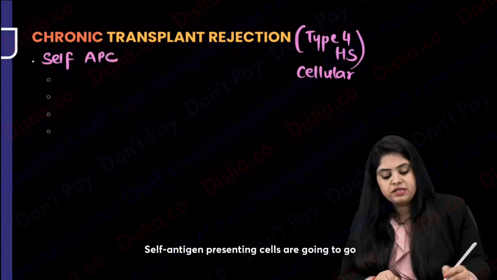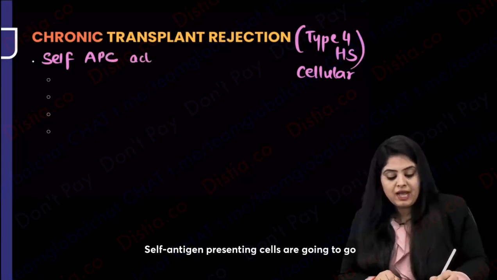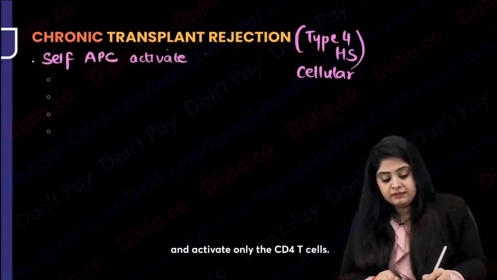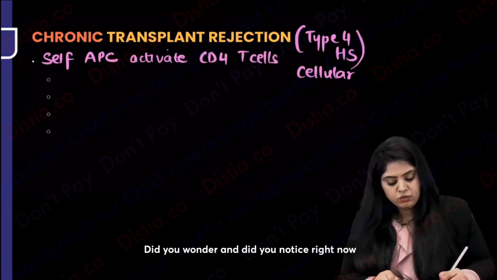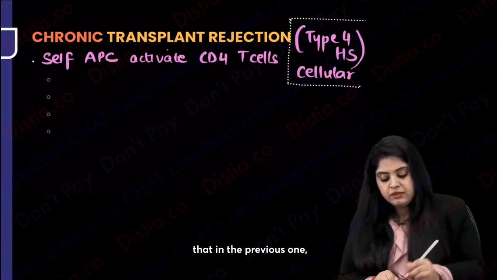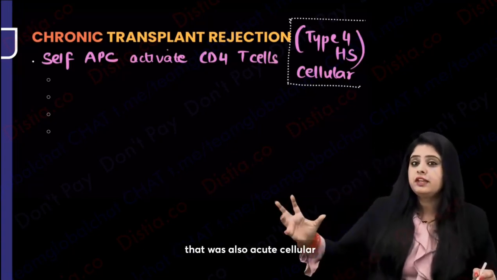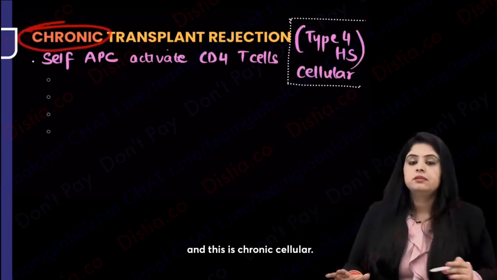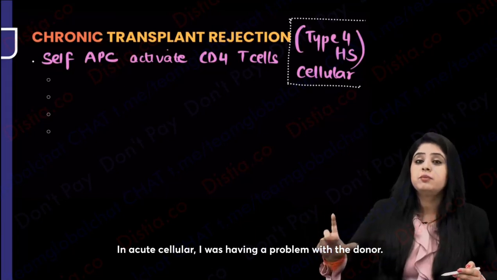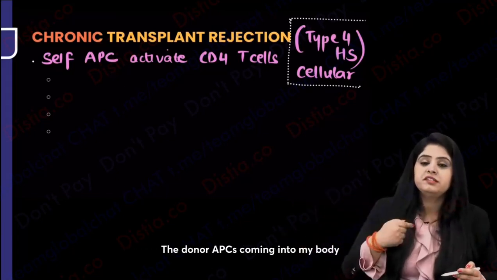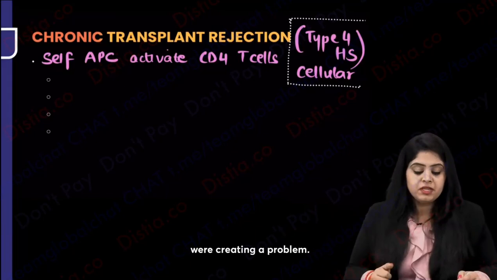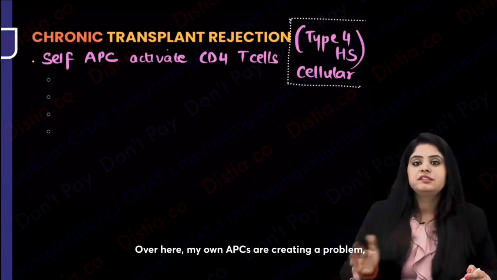Self antigen presenting cells are going to go and activate only the CD4 T cells. Did you notice right now that the previous one was also acute cellular and this is chronic cellular? In acute cellular, I was having a problem with the donor. The donor APCs coming into my body were creating a problem. Over here, my own APCs are creating a problem.